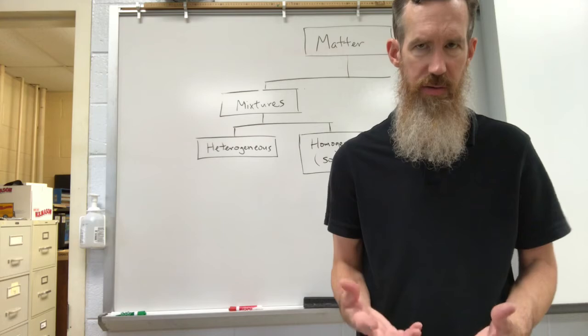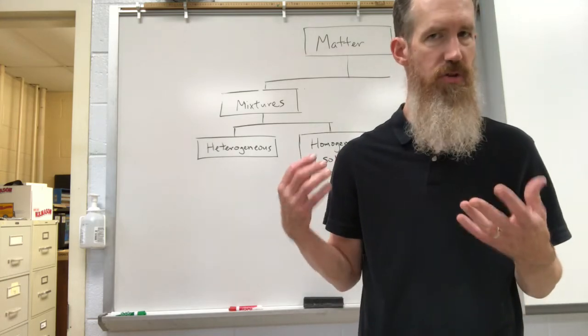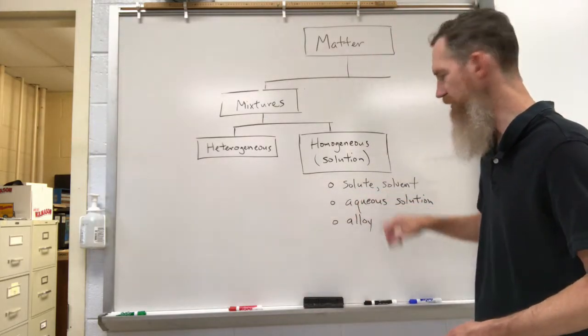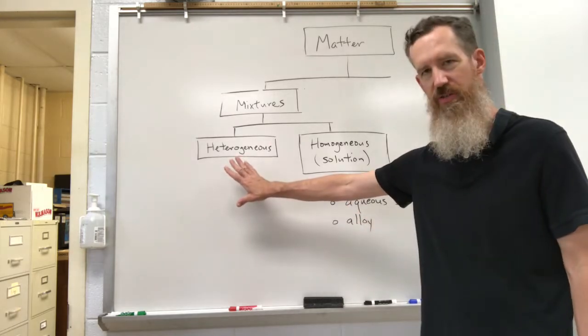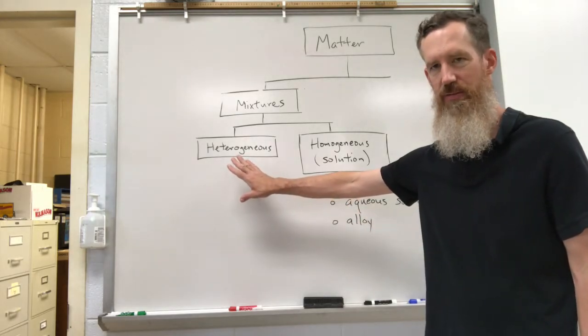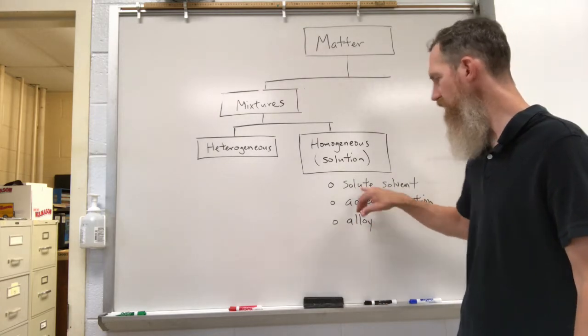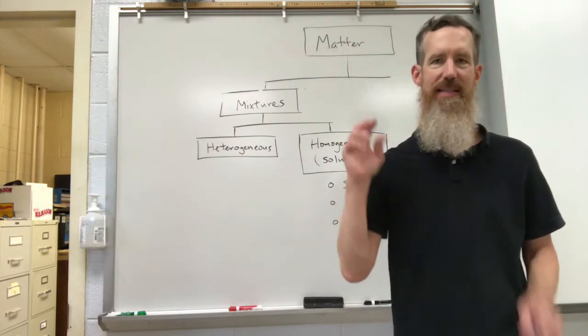Now, when we deal with homogeneous mixtures, we generally have two major parts within a homogeneous mixture. We have a solute and a solvent. Now, we didn't really have that with a heterogeneous mixture. It really is not applicable. But in a homogeneous mixture, solute and solvent. Solute is the material that you are dissolving.